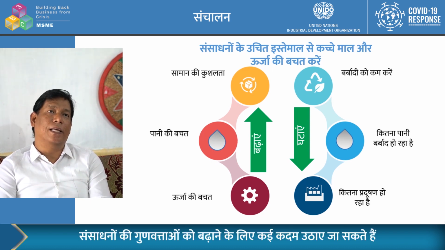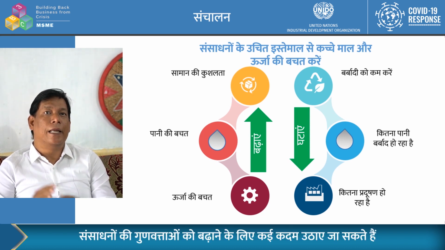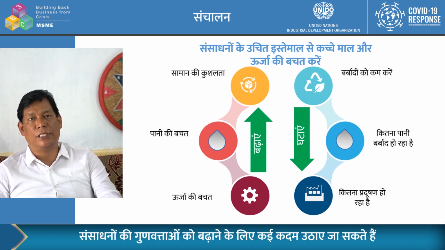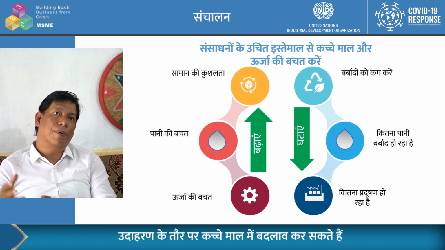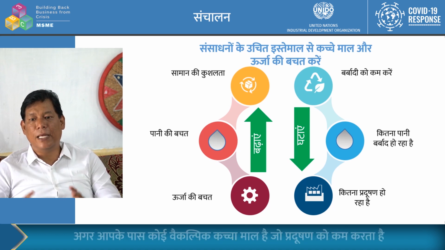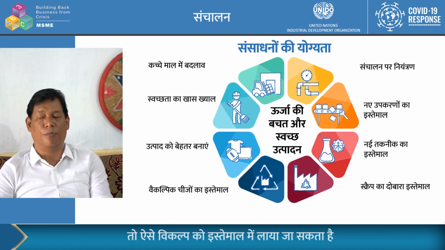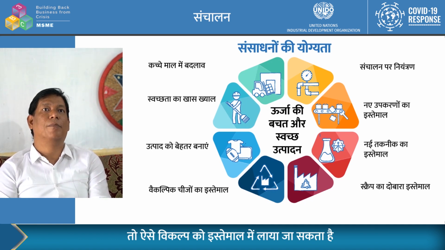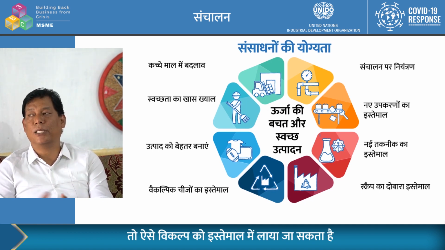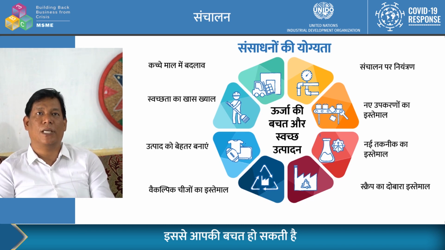While implementing resource efficiency measures, there are a few very important factors which can be considered. For example, input material change. If there is a more effective or efficient material which can be used, or probably a more environment-friendly material, that should be explored. That can give you a lot of saving.